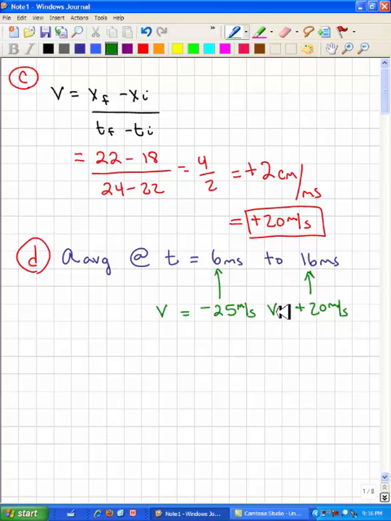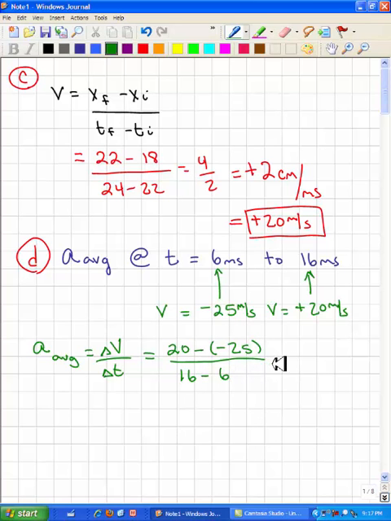Now, using that information, this is simple. a average is change in velocity over change in time. v final, that is 20, minus the initial, negative 25, divided by final time minus initial time, that is 45 meters per second over 10 milliseconds.